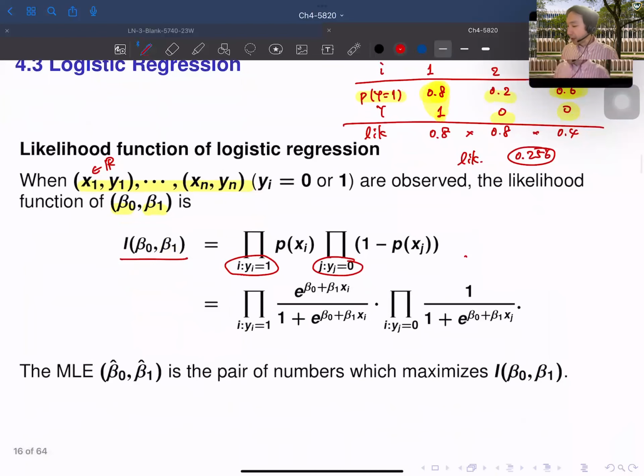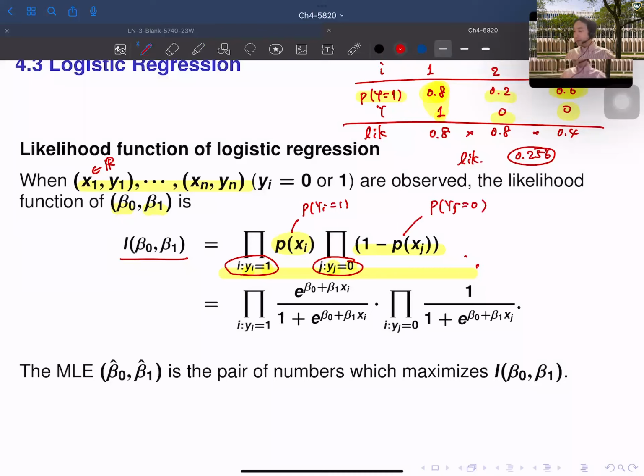Just this formula describes it in a more abstract way. If yi is equal to 1, we multiply p of xi. If yj is equal to 0, then we multiply 1 minus p of xj, because this is the probability of yi equal to 1, and this is the probability of yj equal to 0.